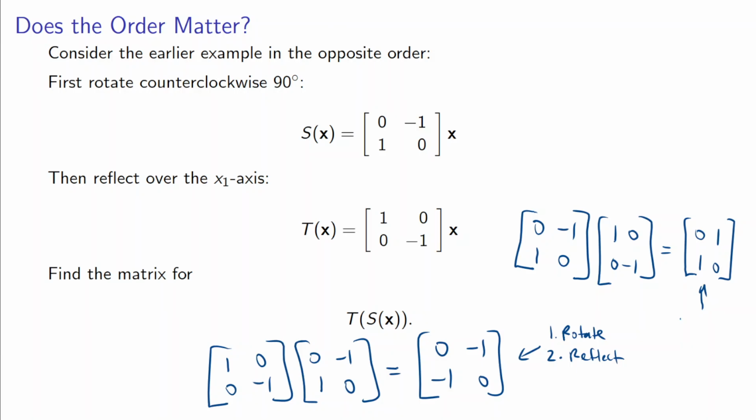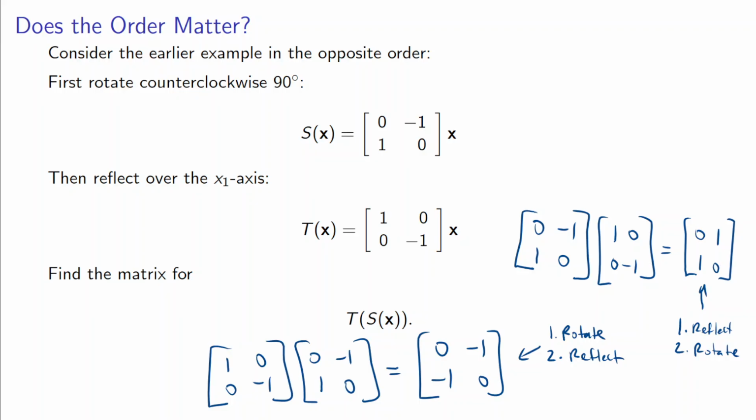So this is our first reflect, then rotate. And the results are different. This is a reminder that matrix multiplication is not commutative. The order does in fact matter. And we see it playing out here in this application of matrix multiplication as a way to interpret compositions of transformations with their associated matrices.